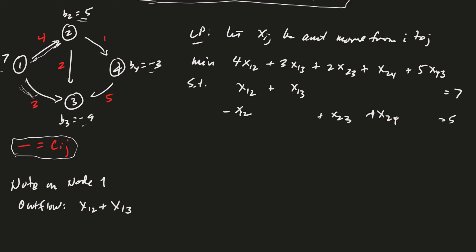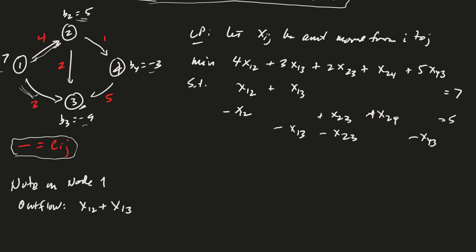Node 3 is next. Everything is incoming. So x13 is incoming, x23 is incoming, and x43 is incoming.